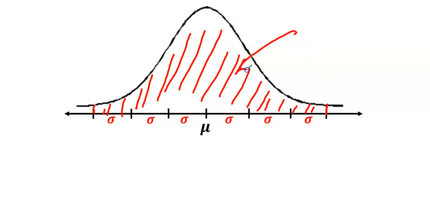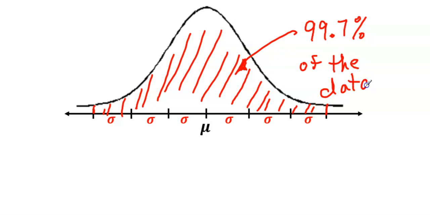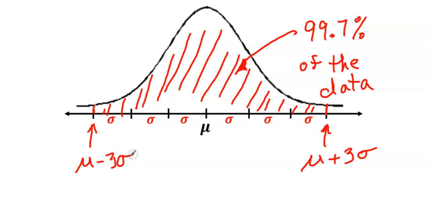And so according to the empirical rule, that's 99.7% of the data. And so this point here is mu plus 3 sigma, and this point right here is mu minus 3 sigma.